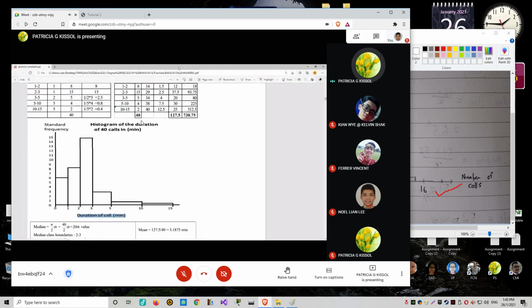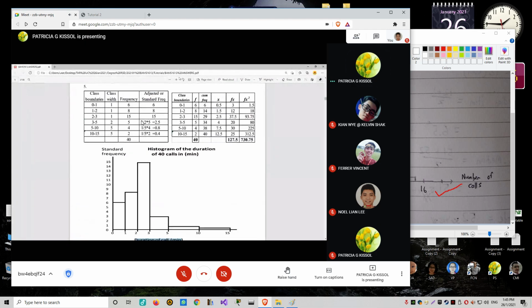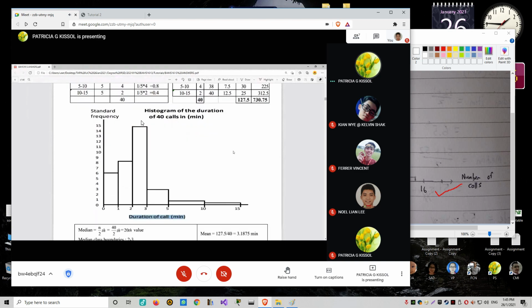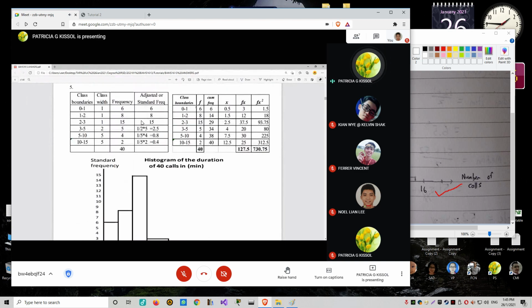So maybe I should make it bigger, then it's easier for you guys to see. So another thing is you should be able to see in the solution as well. Now this is the histogram, right? So just to share with you, we also obtained the cumulative frequency.